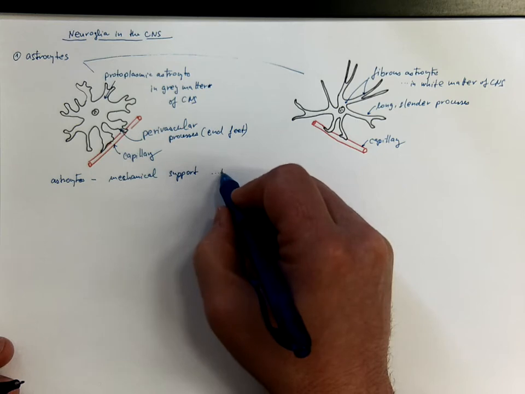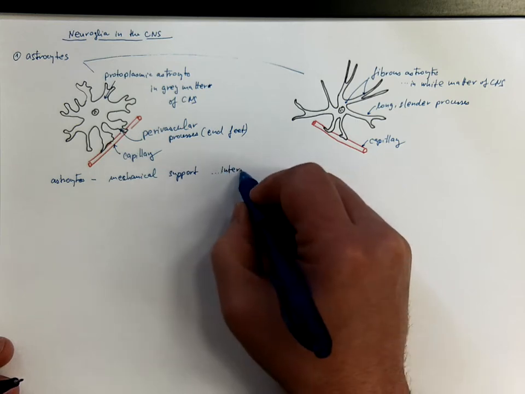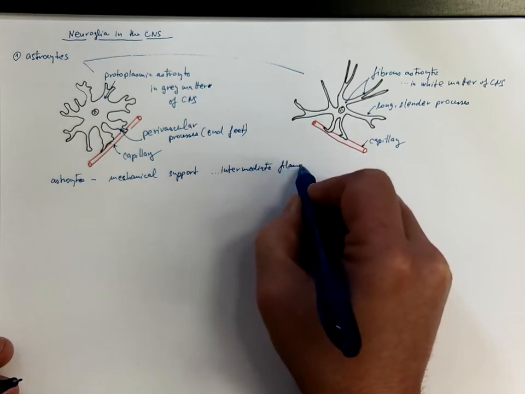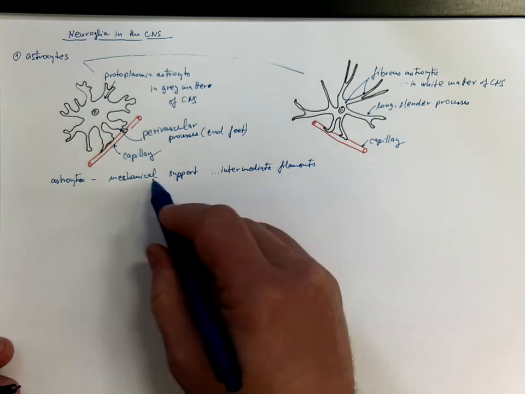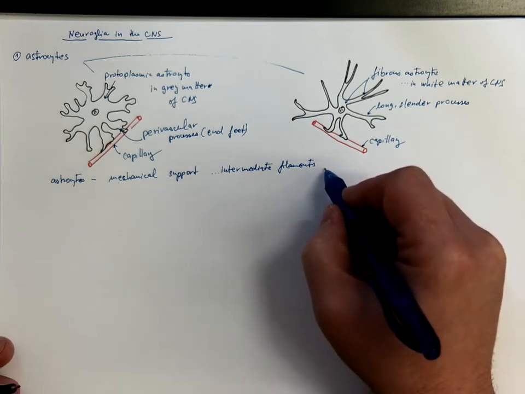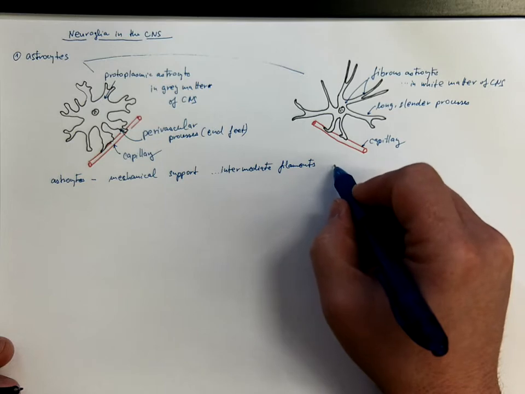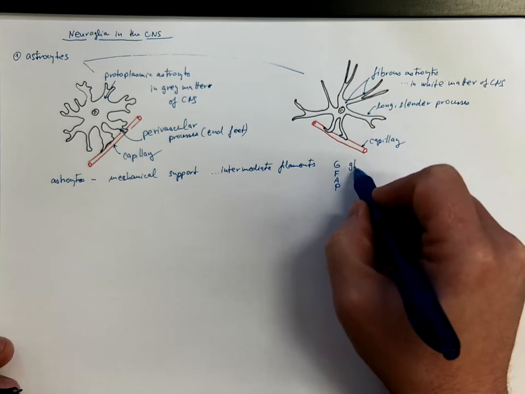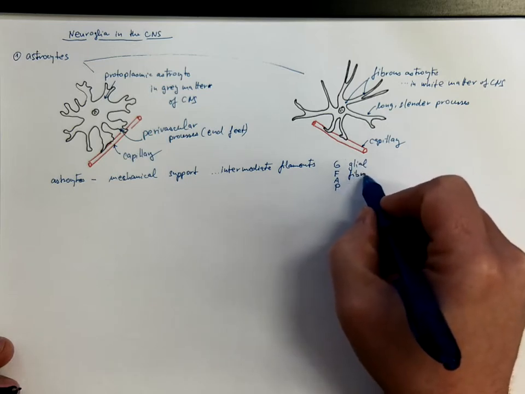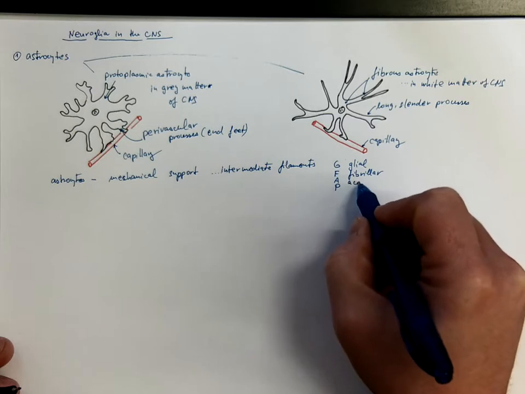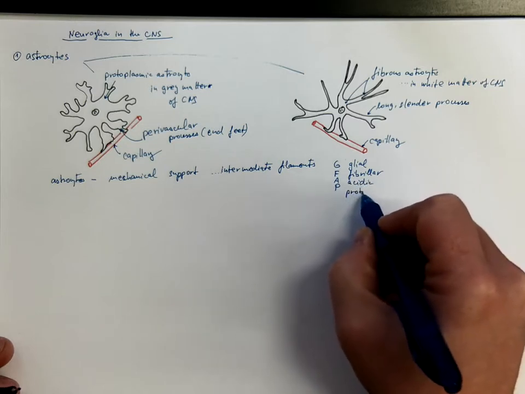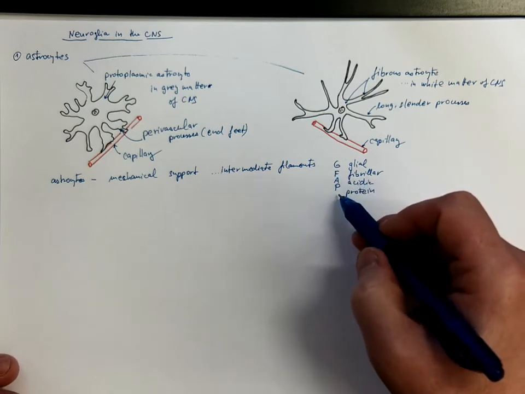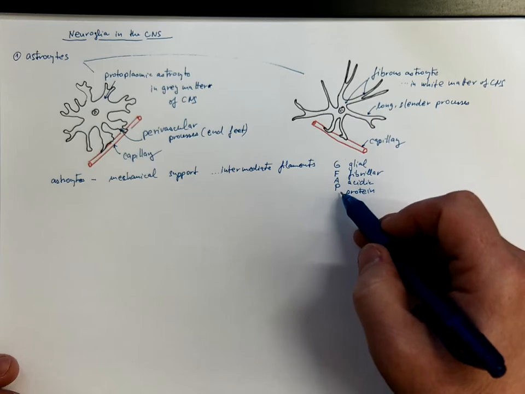They have intermediate filaments in their cytoskeleton that help to promote this stability, and the typical intermediate filaments are called GFAP, which stands for Glial Fibrillar Acidic Protein. And I'm afraid you will meet these intermediate filaments in some tumor diagnostics in pathology later on.